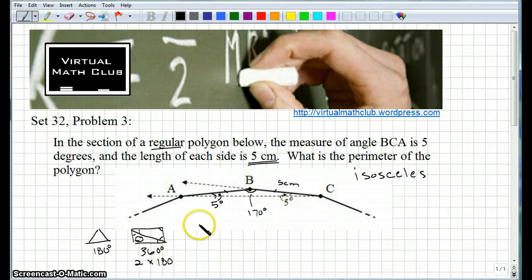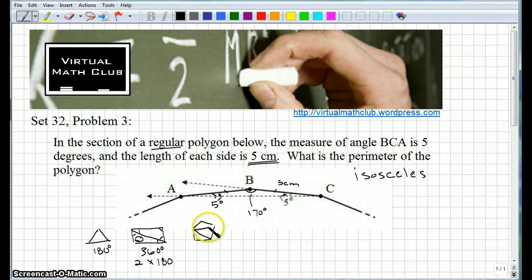And if we keep going, let's look at a pentagon, okay? A pentagon has 5 sides. Oops, I'm not drawing a regular pentagon, but it has 5 sides. So now we can figure out the sum of the interior angles if we break this up into triangles.